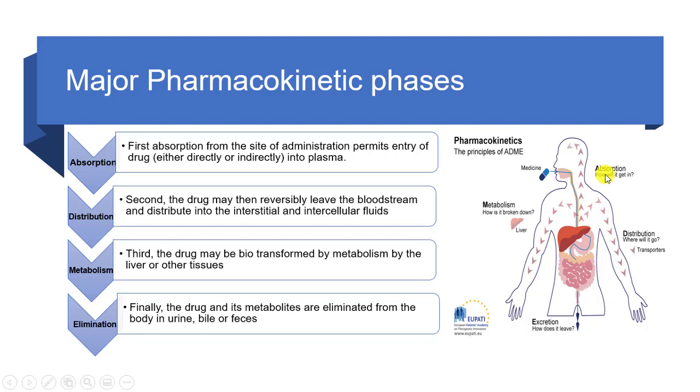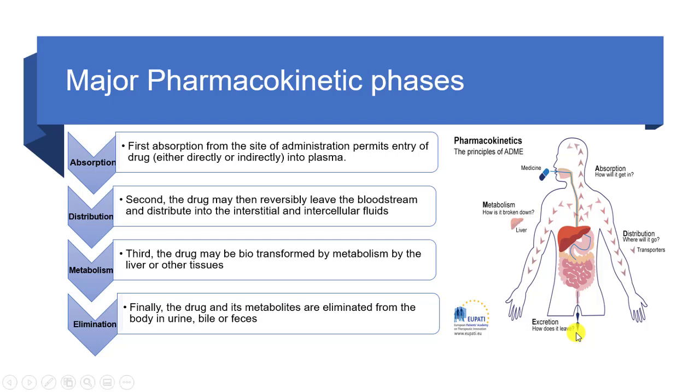First we have absorption. It basically means how the drug will get inside the body. Second, we have distribution: how will the drug be distributed within the body? Third, we have metabolism: how will it be broken down? And finally, we have excretion or elimination: how will this drug leave the body?